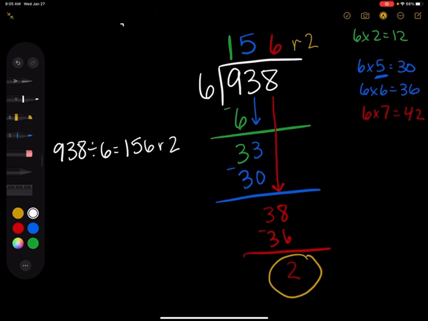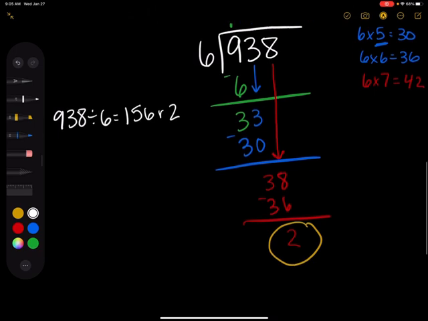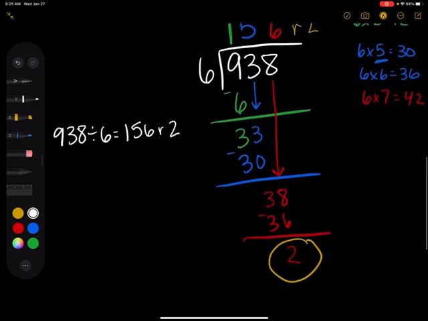Okay, that is our answer. And to check ourselves, like I was saying, we know that the inverse operation, so the opposite operation of division is multiplication.